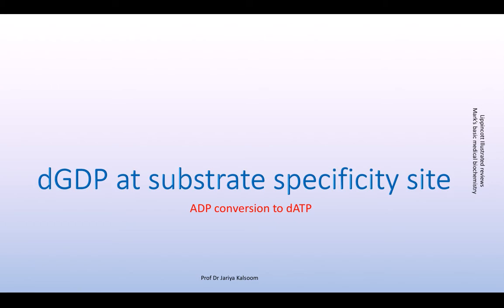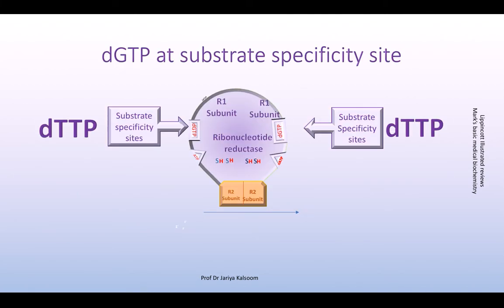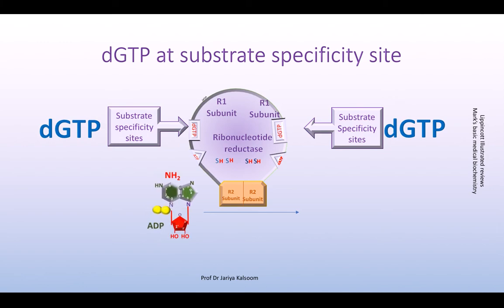DTTP at the substrate specificity site, and when DGDP is sitting at the substrate specificity site, now it will prefer that ADP is converted to DATP. So here you can see that DTTP is going to be replaced by the DGDP, and now DGDP is going to lead to the conversion of ADP to its deoxy form.